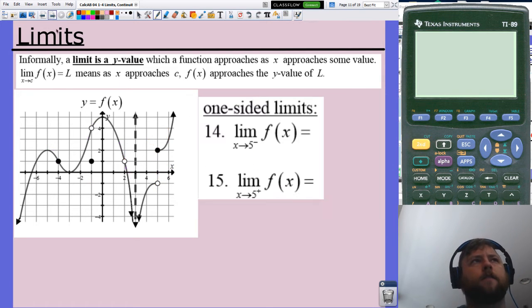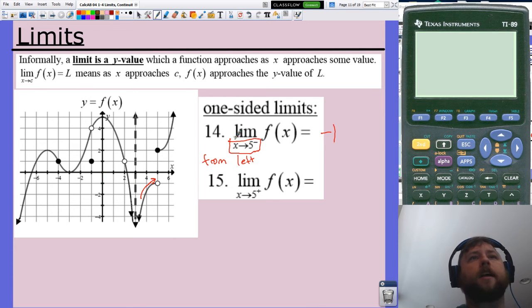Look at that again. And so let's talk about one-sided limits. That's what we talked about before. This is the notation for one-sided limits. When I say x approaching 5 with a minus sign, the negative sign means from the left. So the left-hand side of 5 is going to be in red, and it's approaching -1 because that's the y value.